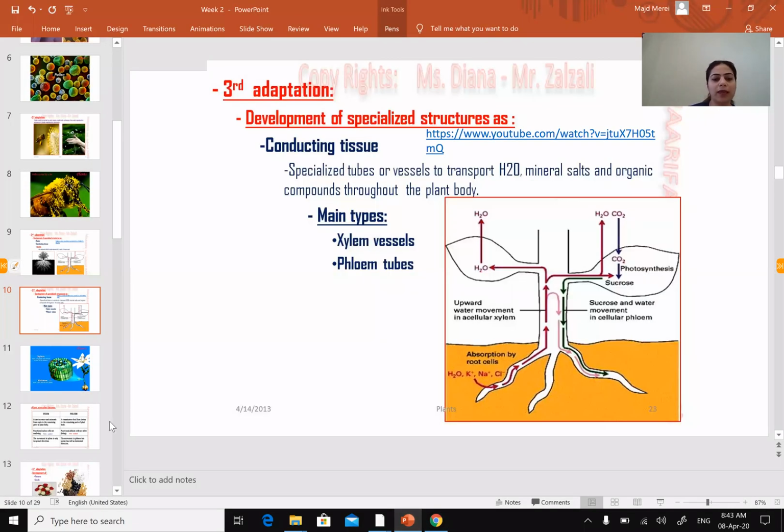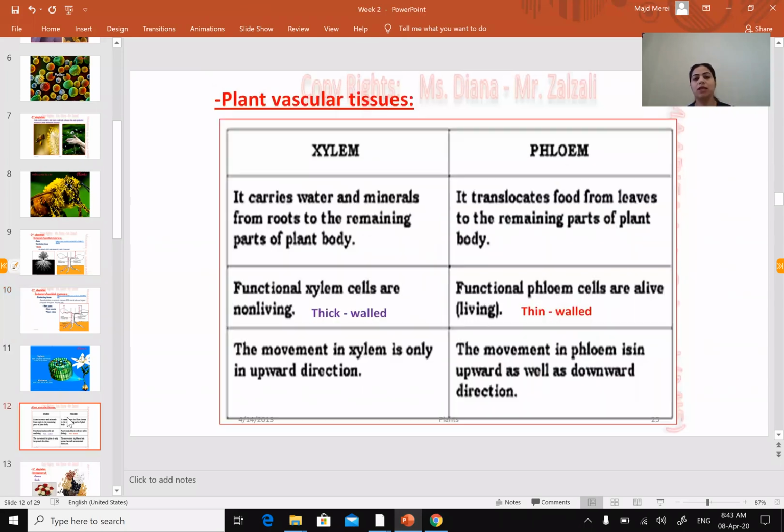Now, again, xylem carries water and minerals from roots to the remaining parts of the body. I use the term functional xylem cells because there are different stages: we have primary xylem, secondary xylem. The one at the end, the functional xylem cells, are non-living cells and they have thick walls.